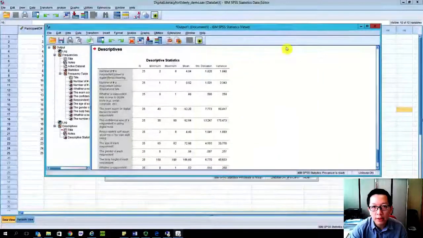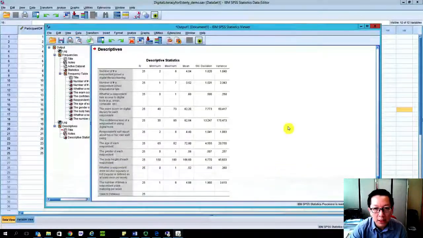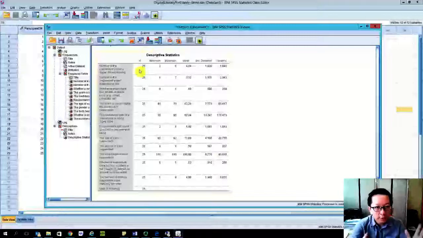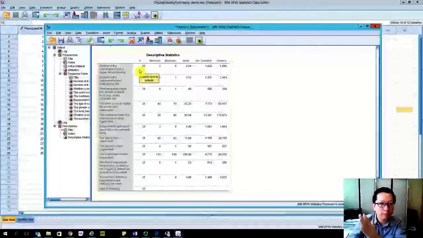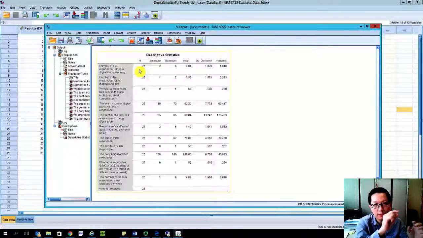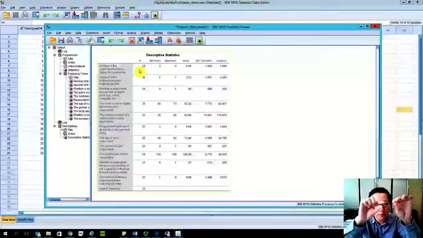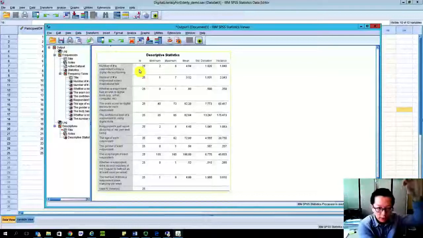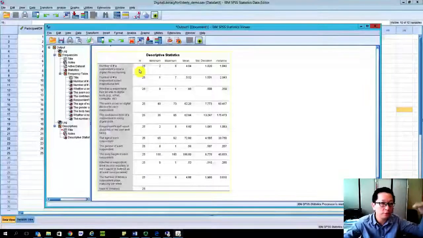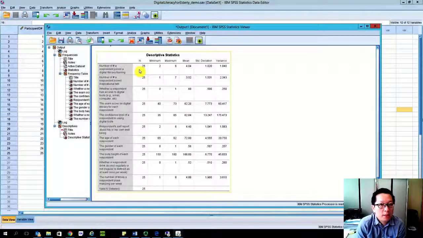So the presentation of the table is slightly different. Here it is presented in terms of the columns. But in the previous approach using the frequencies function, the minimum, maximum, standard deviation, mean are shown on the rows rather than on the columns, right? But they mean the same thing.